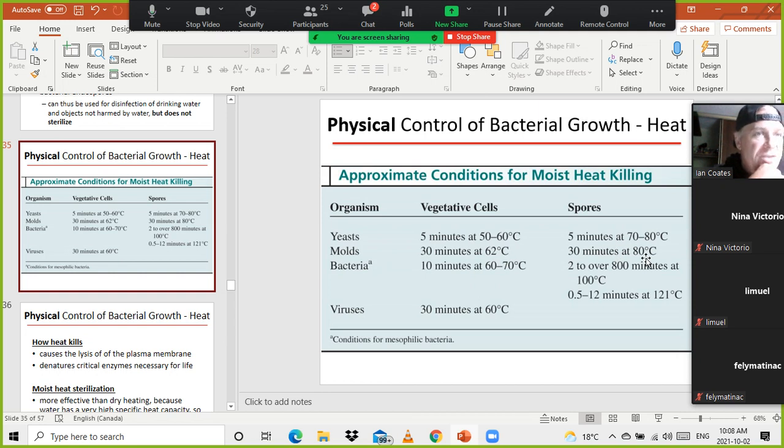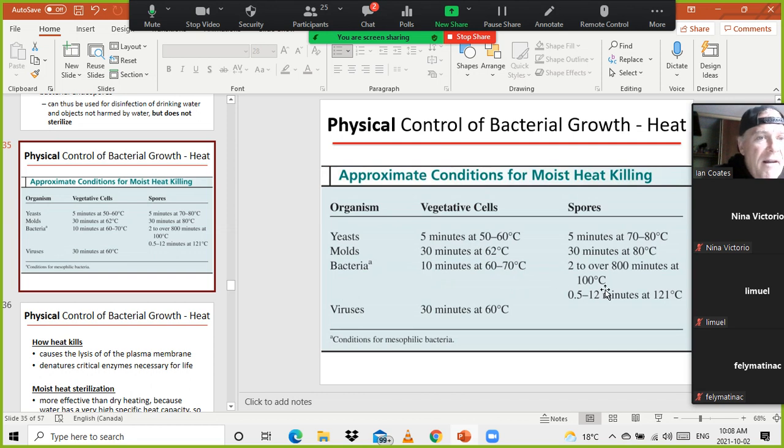And that's not even close. That's a huge difference. Bacteria, and we're talking generally here, not all different types of bacteria. Generally, bacteria will get whacked at about 10 minutes at 60 to 70 degrees, which is basically what we're looking for in pasteurization of milk, right? You're bringing it up to about 70 degrees or so.